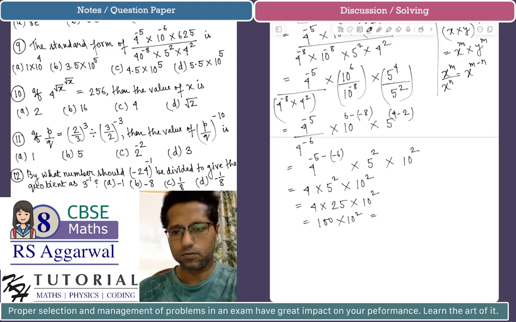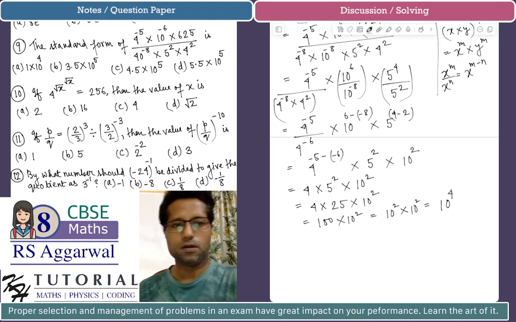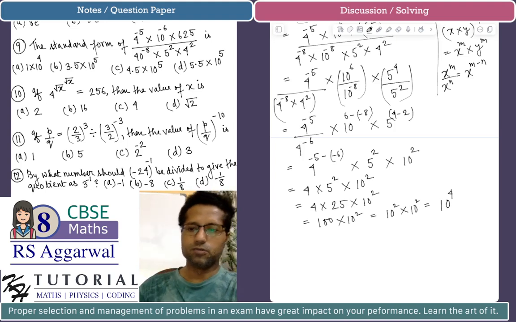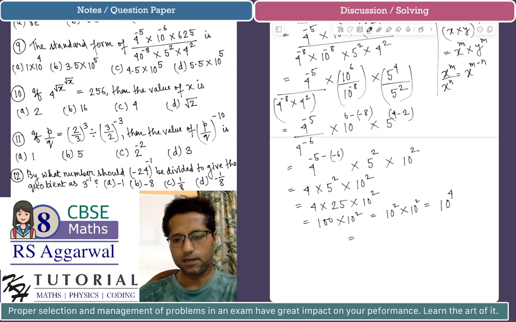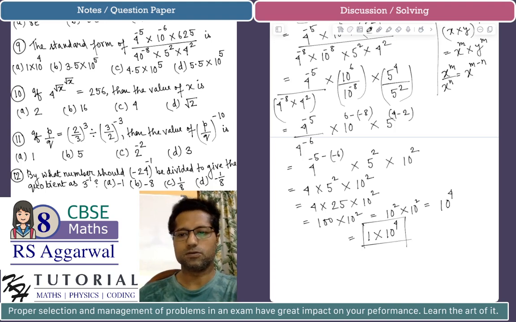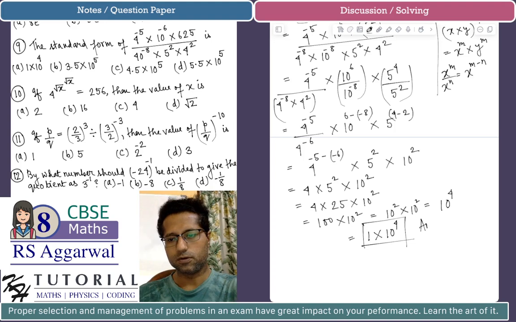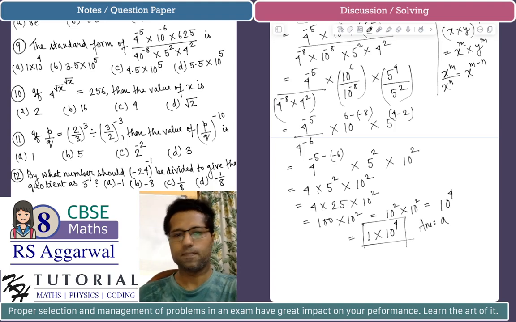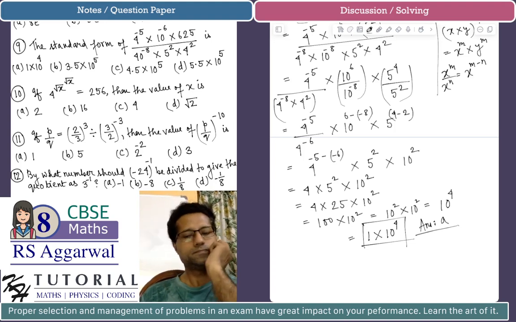This is equal to 10 square multiplied by 10 square. This is equal to 10 to the power 4. So the final value of the given expression is 10 to the power 4, and we can always write it as 1 multiplied by 10 to the power 4, which is in correct standard form. So the correct choice is A.